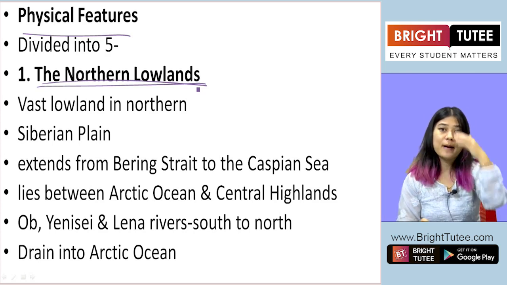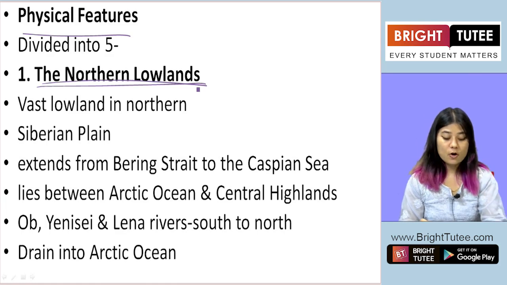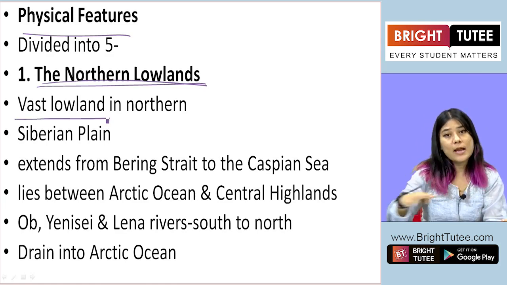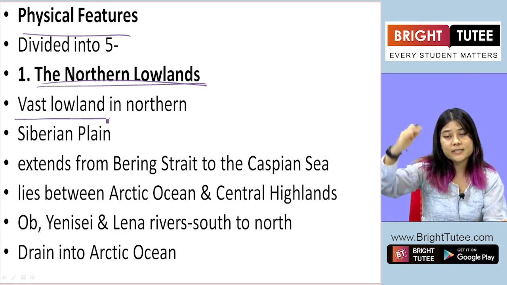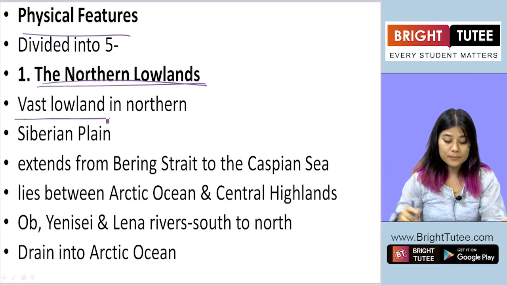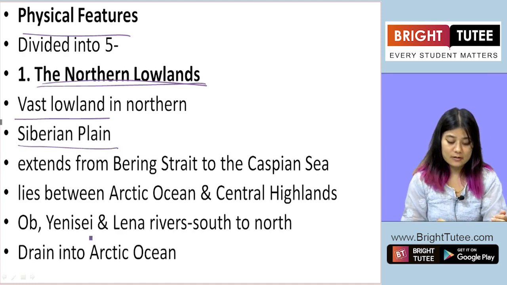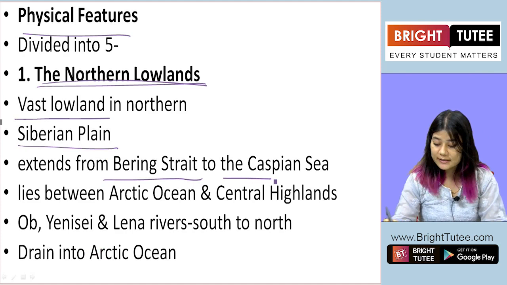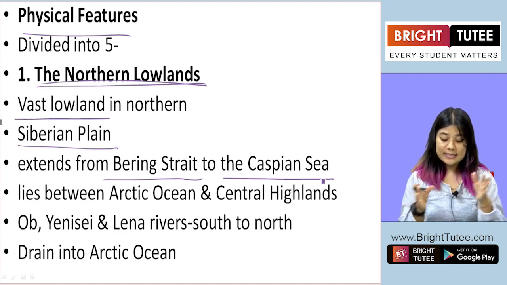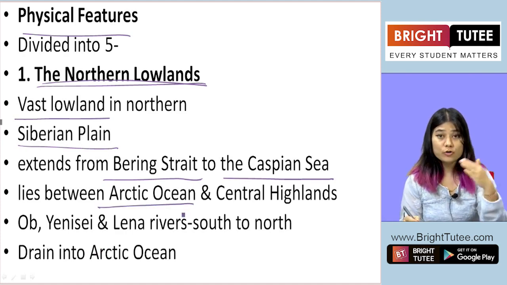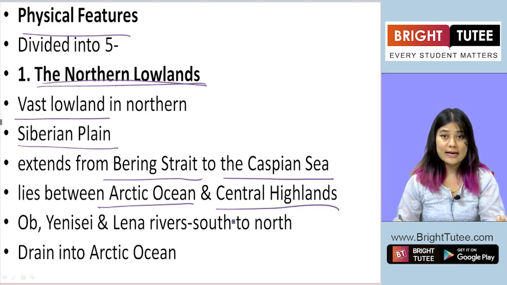In the northern part of the continent, there's a vast lowland. It is not elevated, not high, it's low. This lowland is called the Siberian Plain. It extends from the Bering Strait to the Caspian Sea, and lies between the Arctic Ocean and the Central Highlands.